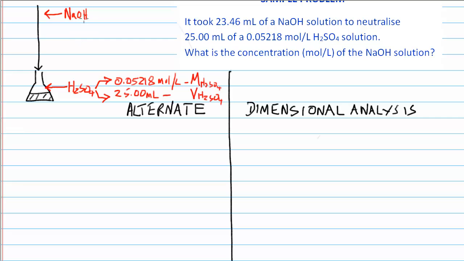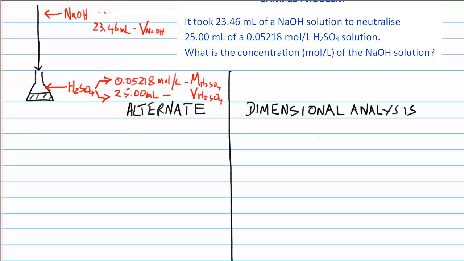And we also know that in the burette we had the sodium hydroxide solution. And what do we know about the sodium hydroxide? Well, we know that the volume was 23.46 milliliters. That was the titre figure in the titration. The volume of sodium hydroxide needed to neutralize 25 milliliters of this sulfuric acid solution. We can call that V sodium hydroxide.